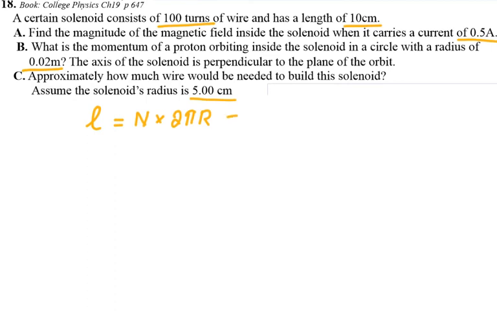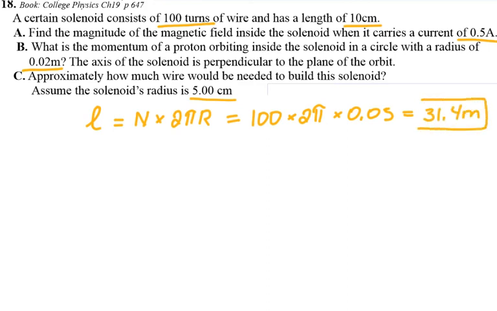I have 100 turns, and each turn has a length of 2π times the radius, which is given as 0.05 meters. That will give me 31.4 meters of wire needed to make this solenoid.